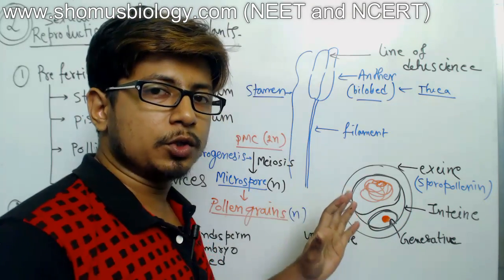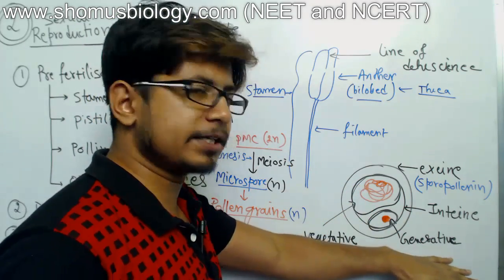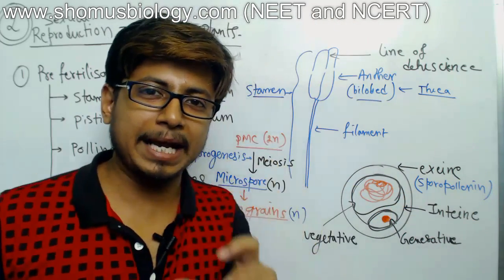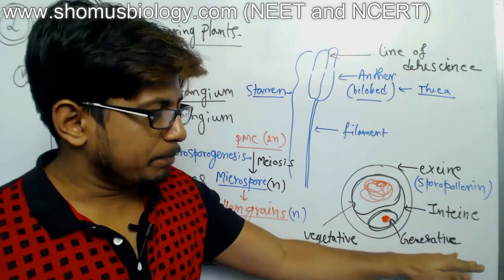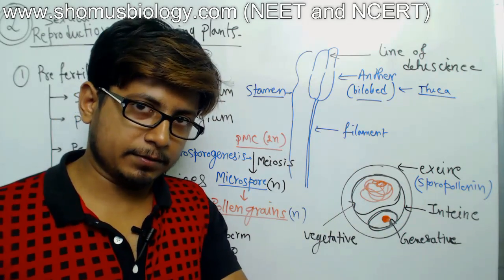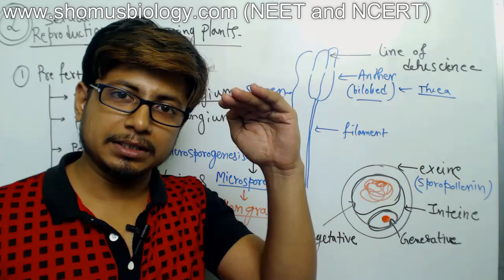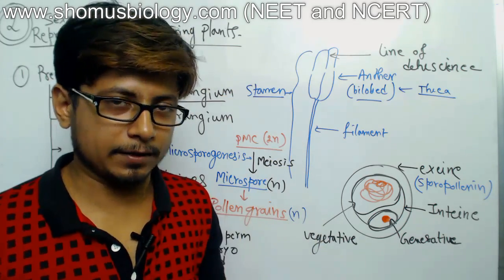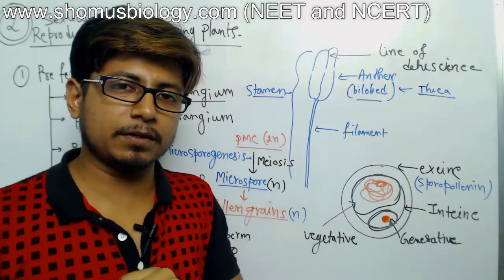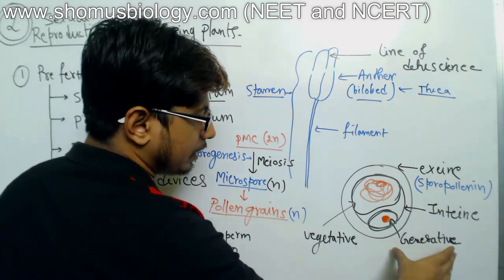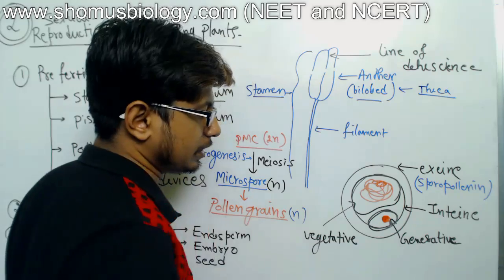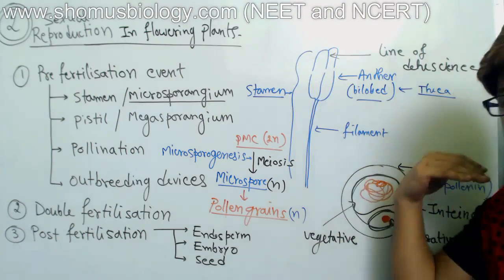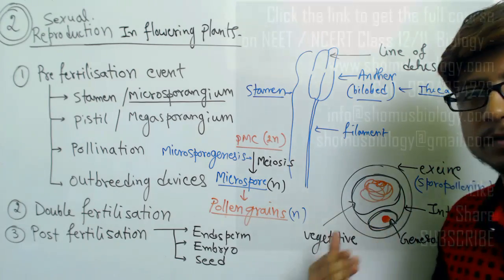Most plants duplicate this generative cell and make two male gametes just before the fertilization event, after landing on the stigma of the female part of the flower. But 30% of the plants already duplicate this generative cell so that they can initiate fertilization the moment the pollen is in contact with the female part of the flower.